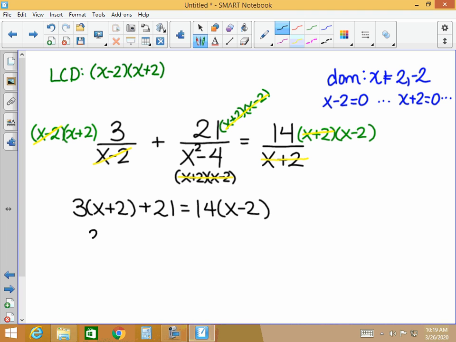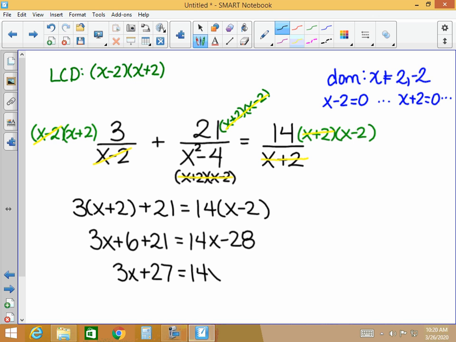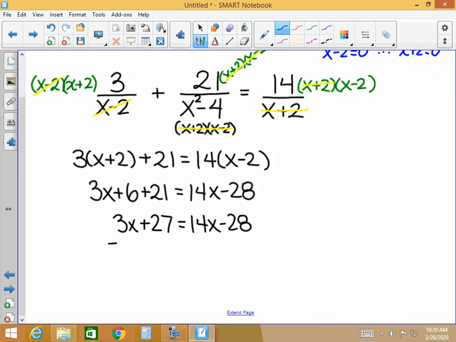And then we're going to solve. I'm also going to do this all in one step for space and time.